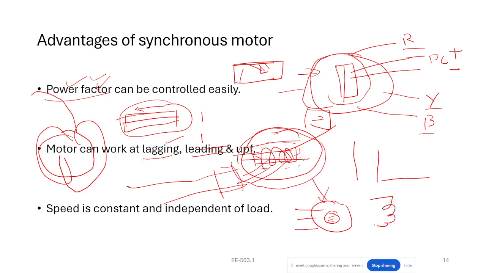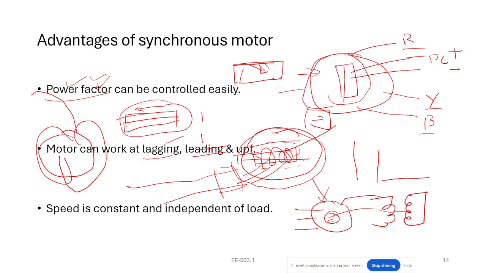In a single phase induction motor there is another winding also. In a three-phase induction motor the rotor is the short circuited one, and this open one is the stator.